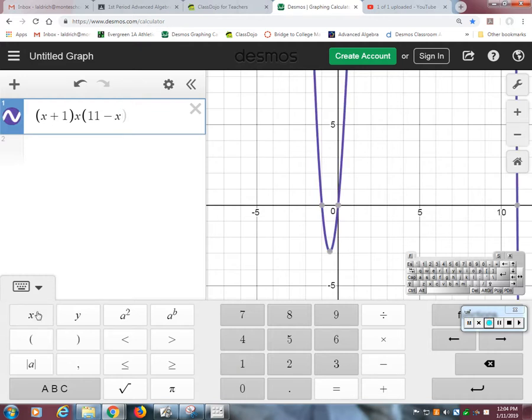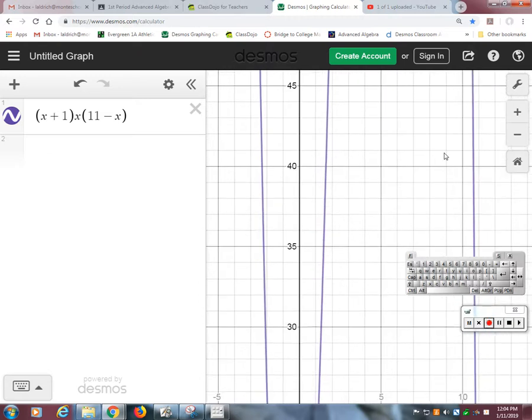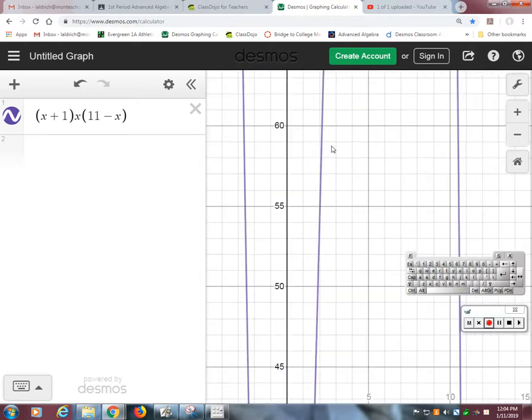All right, so there's my graph. What did I want? What am I looking for? Maximize the volume. Where is it? Yeah, it's up top somewhere, so I have to go up here to find it. I don't think so because it goes up and then it comes back down.